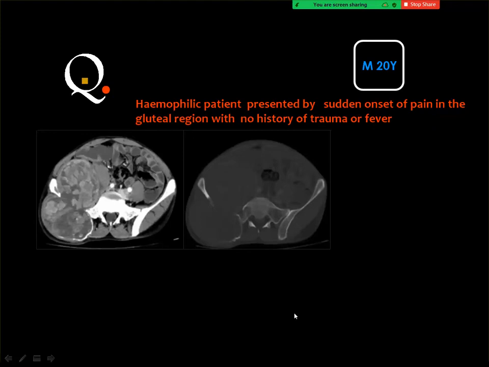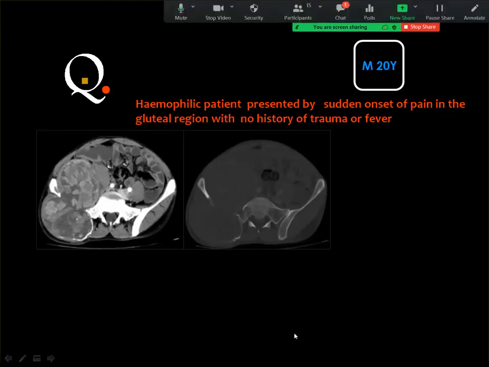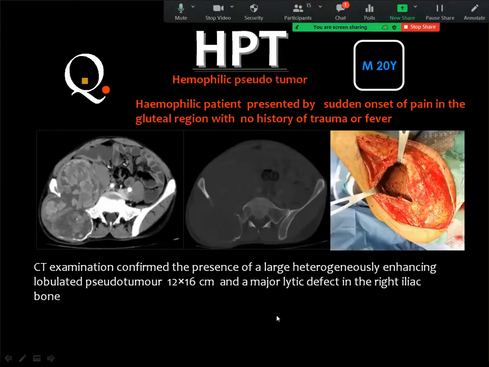Then you should assume a hemophilic pseudotumor, because this is one of the common sites for hemophilic pseudotumor. And here you can see that there are some hyperdensities within the lesion, which is eroding the iliac bone.